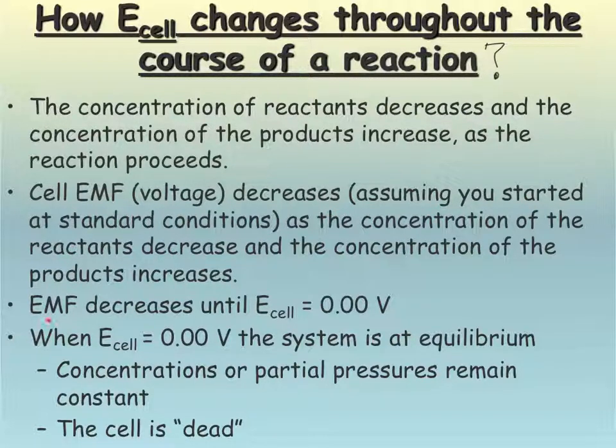And our voltage is going to continue to decrease until our cell equals 0 volts. When it's at 0 volts, the system is at equilibrium, so Q is equal to K, and the concentrations or the partial pressures remain constant between the reactants and products. So basically, your cell is dead. Your battery is dead. It's no longer got any juice in it.